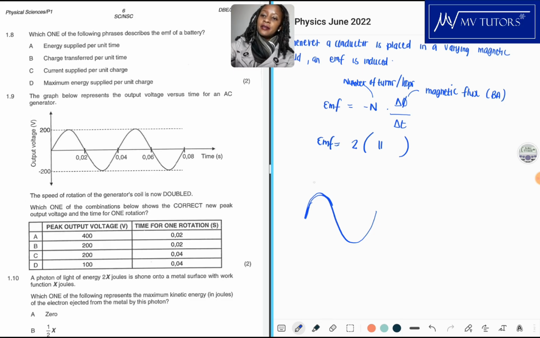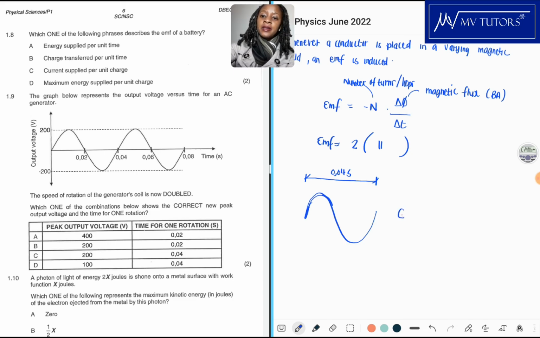The time it takes for one wave to be completed, as you can see in the graph, is 0.04 seconds. Now we're wondering, if you increase the speed, how will that influence the time? In my mind, if things are done quicker, the wavelengths should get a little bit shorter. But we need to show how we get to that conclusion.